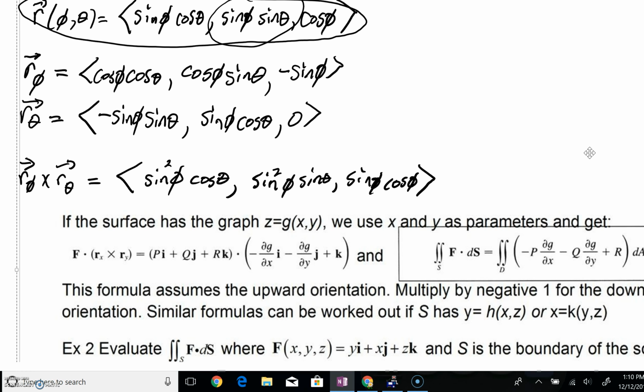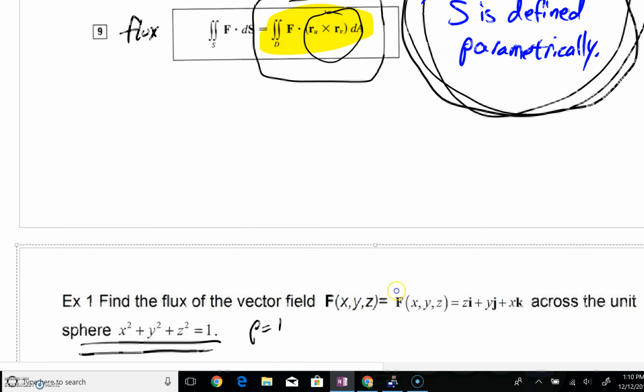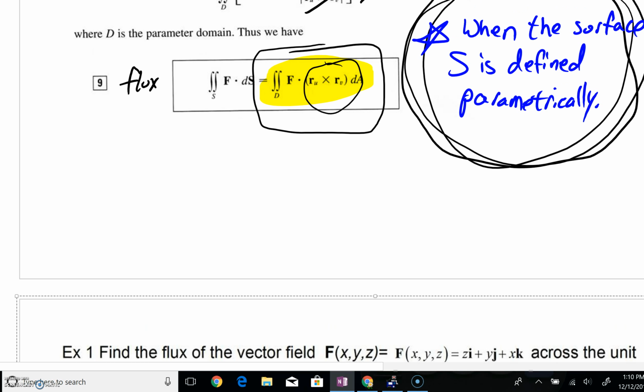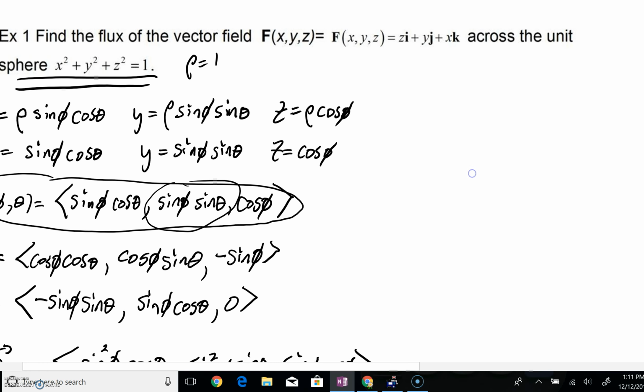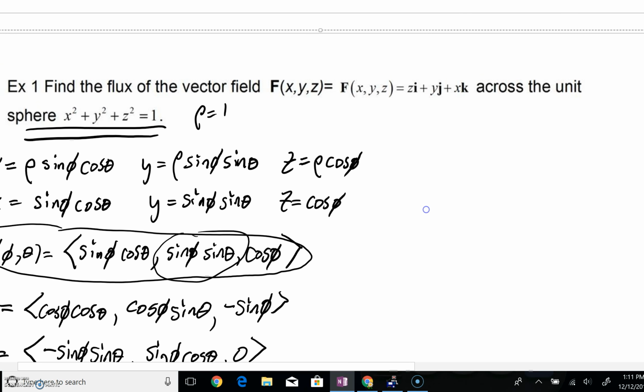You really have. Remember what the flux ultimately is all about. Flux is going to be this double integral of a dot product, right? So we're going to come back up here and say our F is, in fact, as we're looking at it, you can say your F is z, y, x.